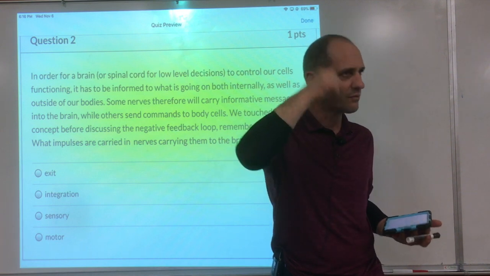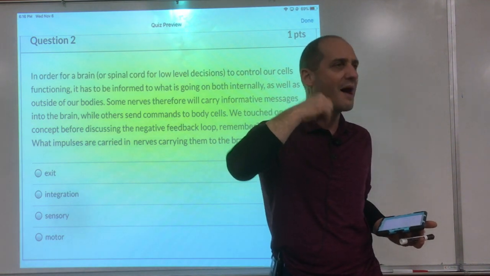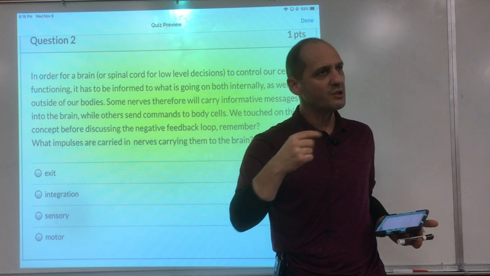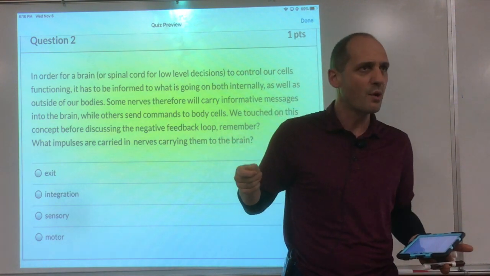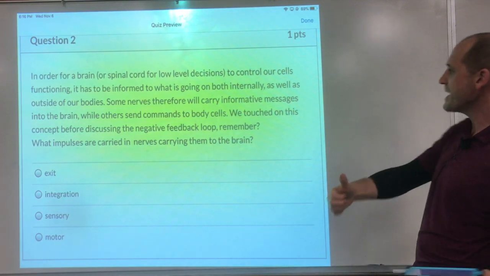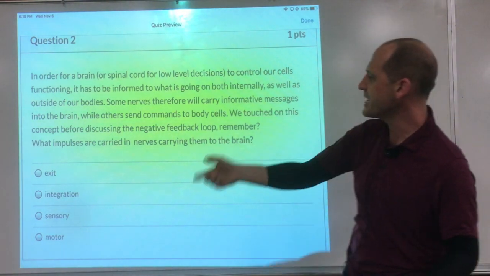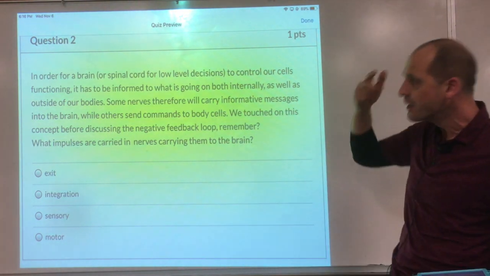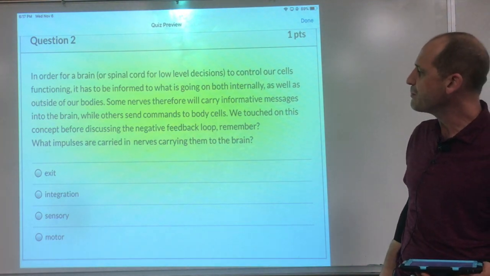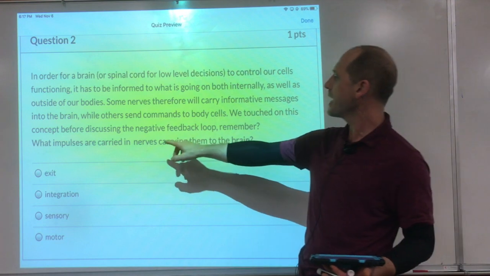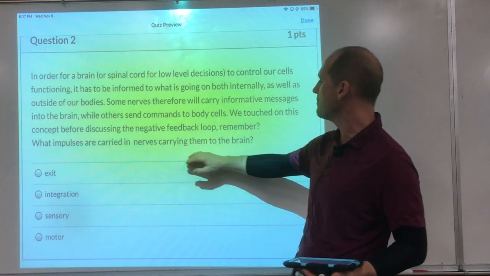The brain does some thinking: what are we going to do about that? And it sends the information back out to the muscles: we're going to pull away because it's hot, we don't want to get burned. So you have information going out, information coming in, and then information going back out. What impulses are carried in nerves, carrying them to the brain?